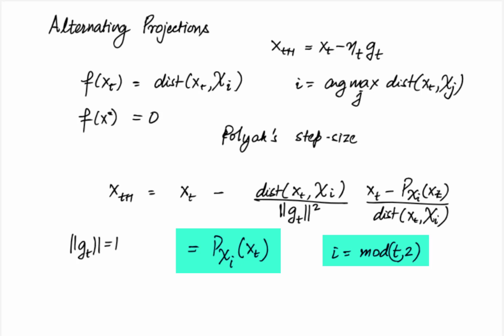The algorithm entails alternatingly projecting between sets x1 and x2 in order to find their intersection. From our analysis, we can see that after t iterations, the distance should decay as order 1 over square root t, which is the rate we derived for subgradient descent, but is also known to be the optimal rate for the general alternating projection method.